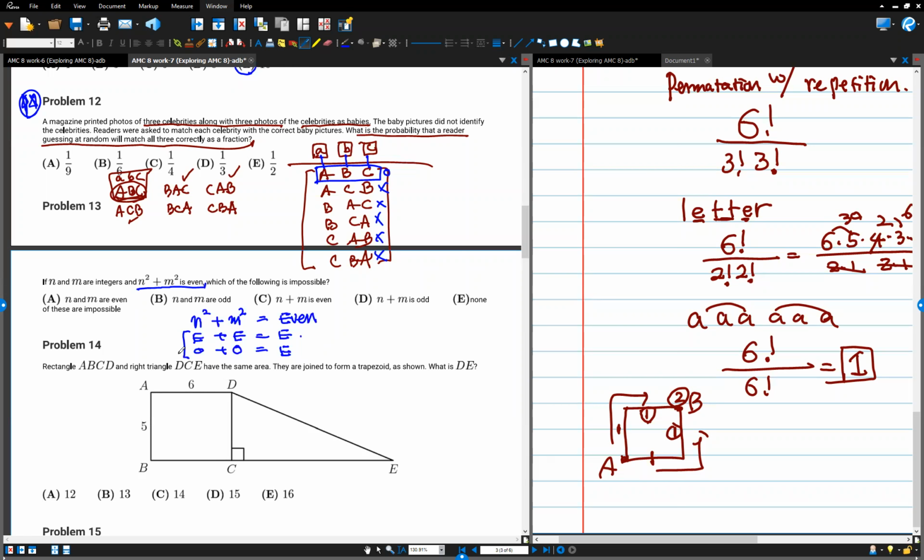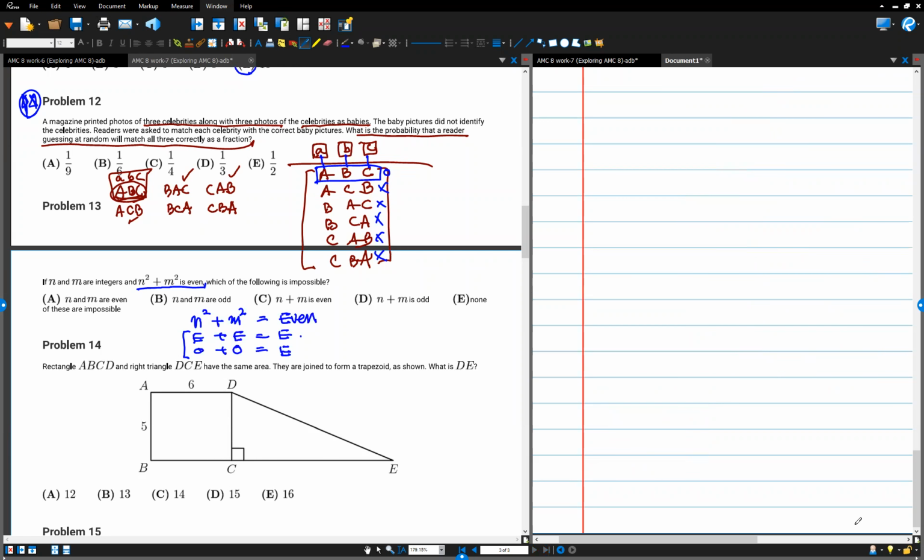But now, what about N? For example, N squared is even. I'm going to use case 1. Case 1, even plus even is even. This even should be N squared, right?